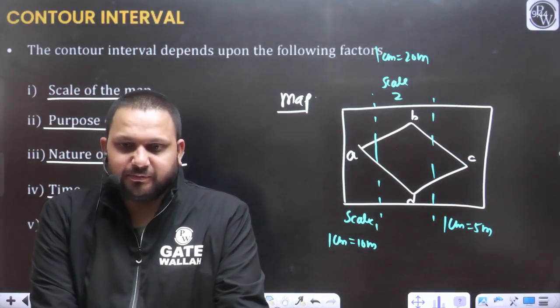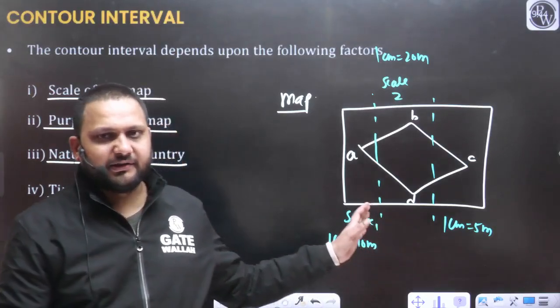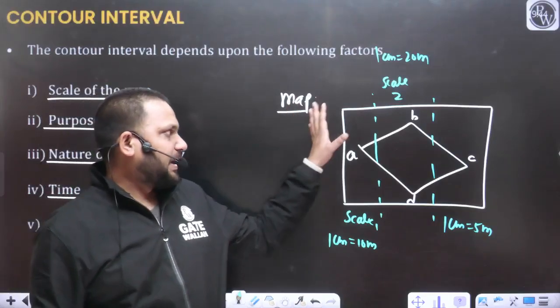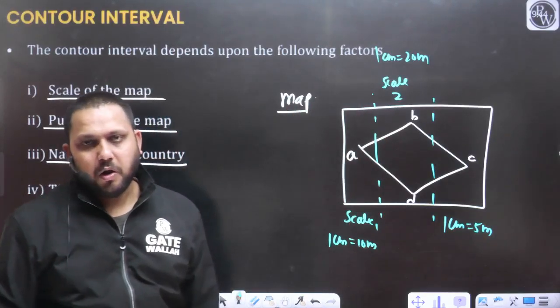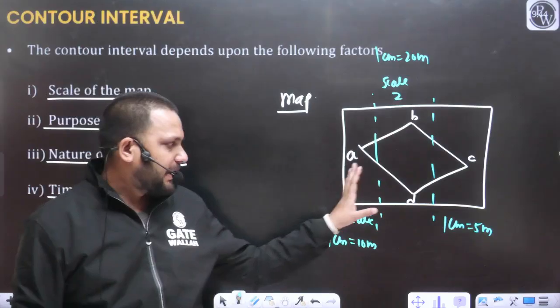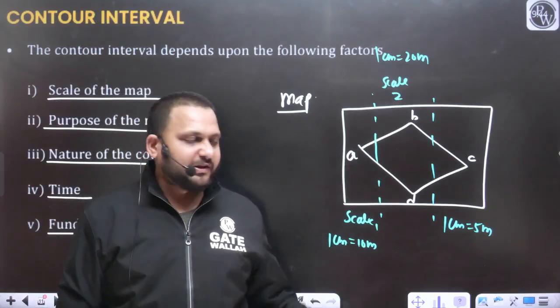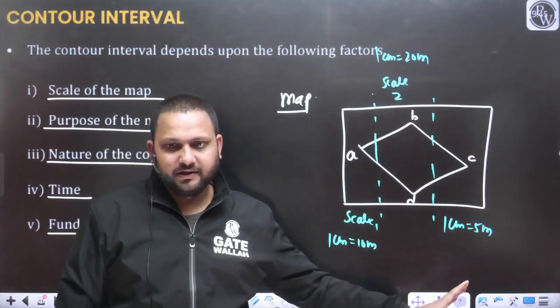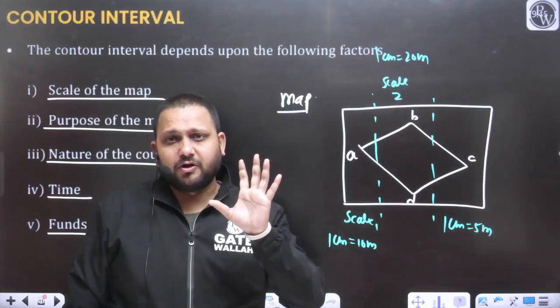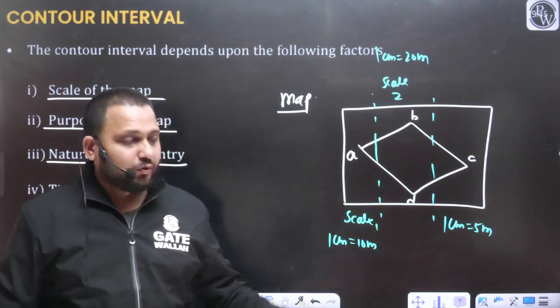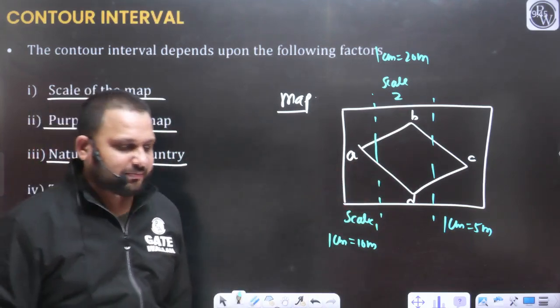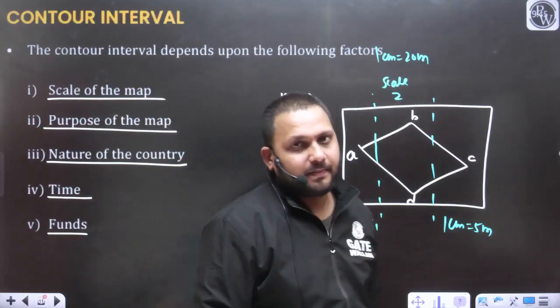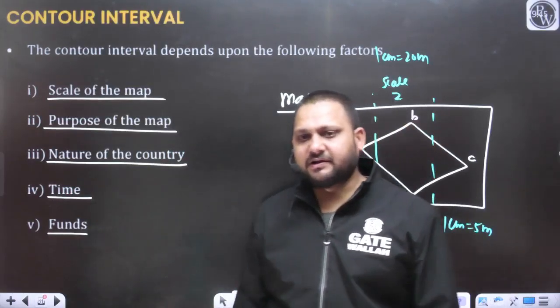So to explain that point, I have taken one more example. We have discussed the map and we have discussed the scale. Let's say if you are preparing a map like this, which has a variable scale, it is going to be very difficult to extract the information from this map. So what was your general practice?